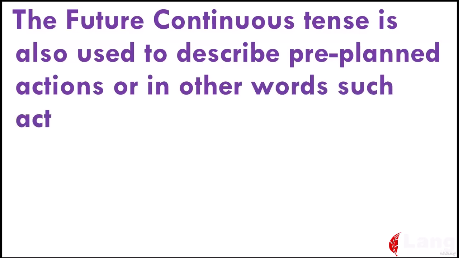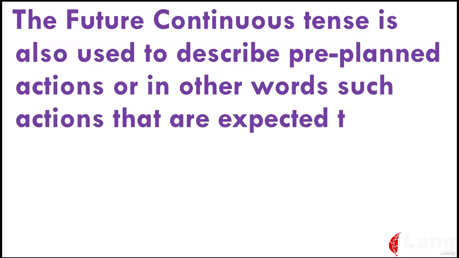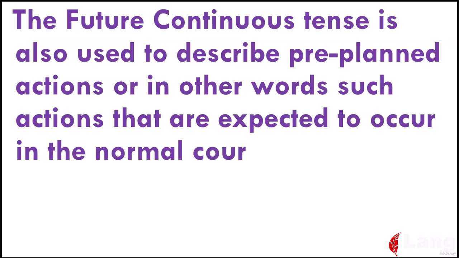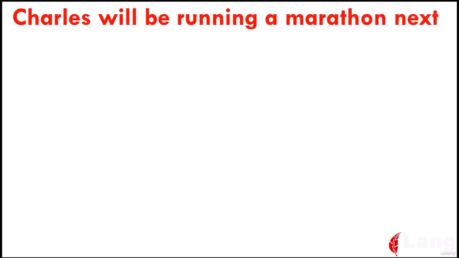The future continuous tense is also used to describe pre-planned actions, or in other words, such actions that are expected to occur in the normal course of things. Examples: Charles will be running a marathon next Monday.